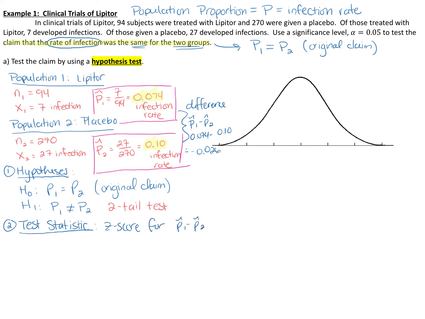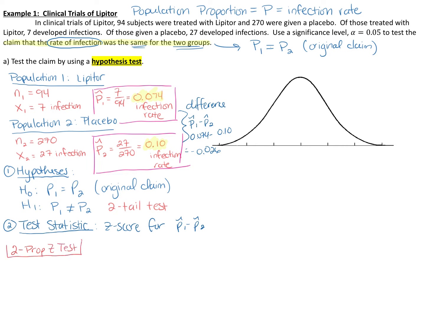So how do we calculate this test statistic? You can either use the formulas given for this chapter, or you can use your graphing calculator. I'm going to use the graphing calculator for this video. Because we're dealing with two independent samples, looking at proportions, and doing a hypothesis test, you're going to choose the option 2 proportion z test.